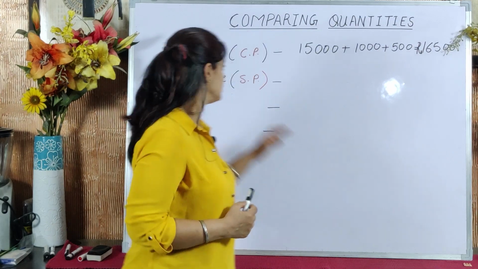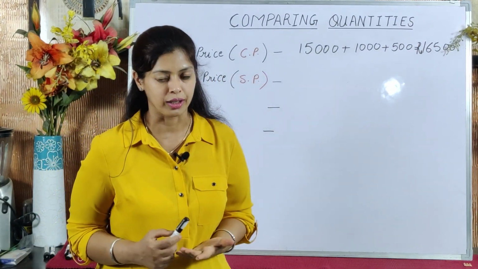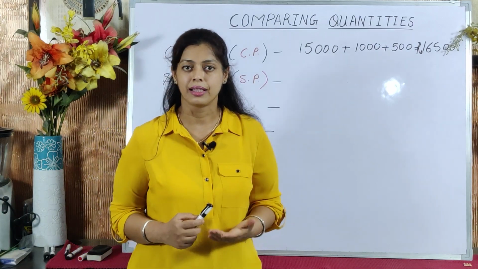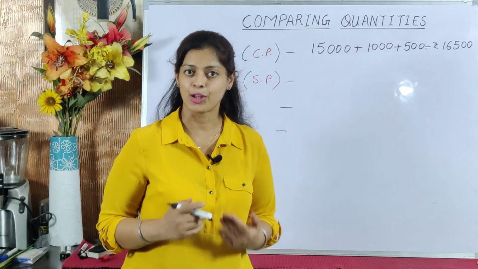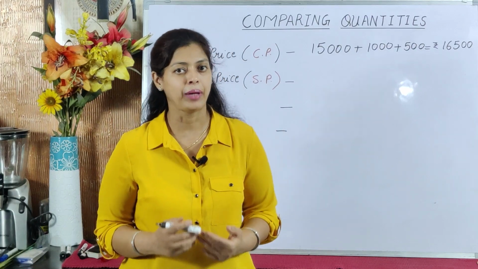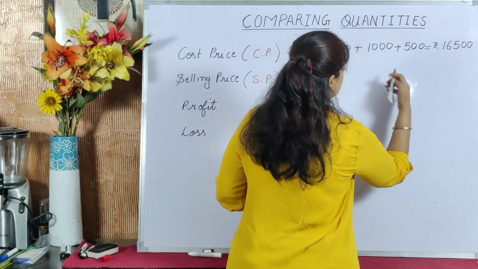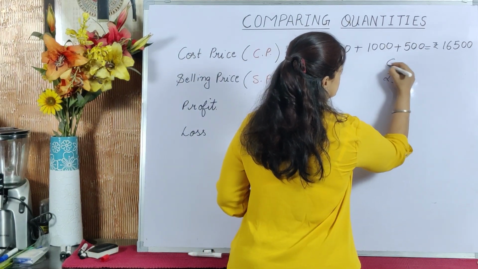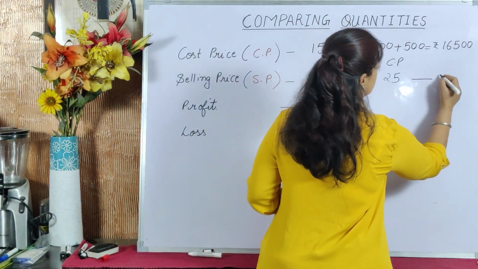Now we come to the selling price. Selling price can be written as SP in short. It is the price at which you sell the product. Now imagine you are a shopkeeper and you purchased a pen for rupees 25. So 25 becomes your cost price and you sell this pen for rupees 30.